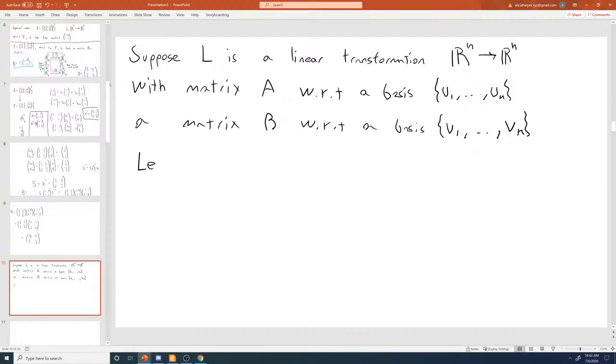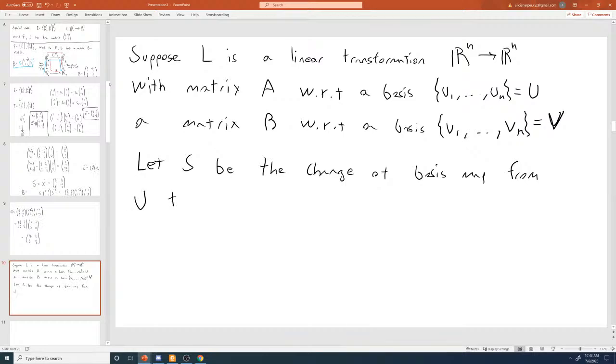Then let S be the change of basis map, so we're going to call this U, we'll call this V, from U to V. Then in terms of coordinate vectors, the following diagram commutes.